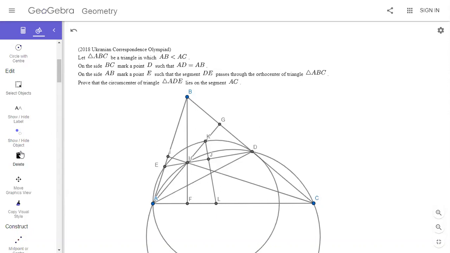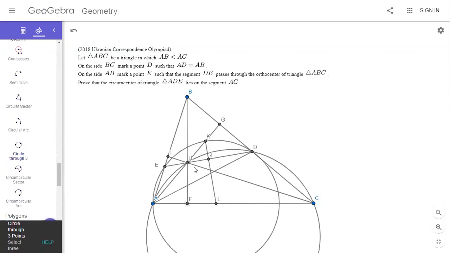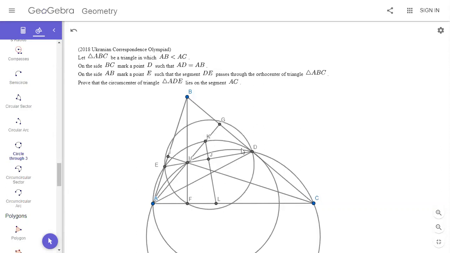And yeah, HJLF is cyclic, so maybe that helps. I wonder if EFLD is cyclic. No.